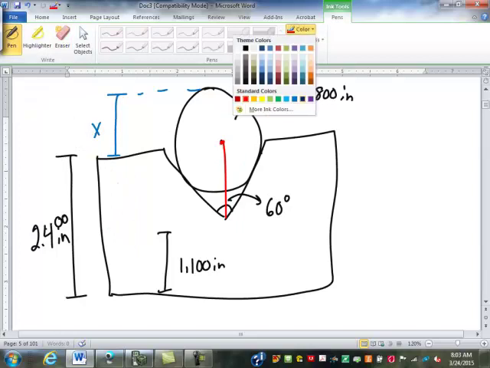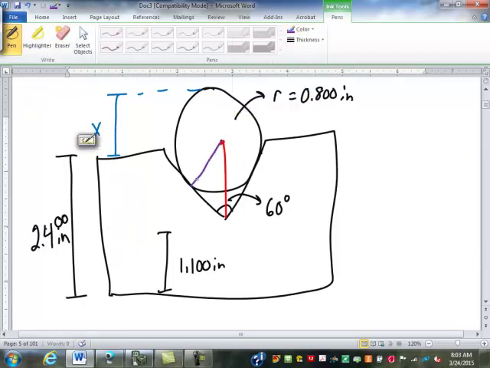You just make a right triangle right there. I'm going to put my radius in here. That's a 90. You've got one of your legs there and your angle. This angle here is going to be what? 30, half of the 60. Perfect. So what we have is a right angle, 0.8, and 30 degrees.